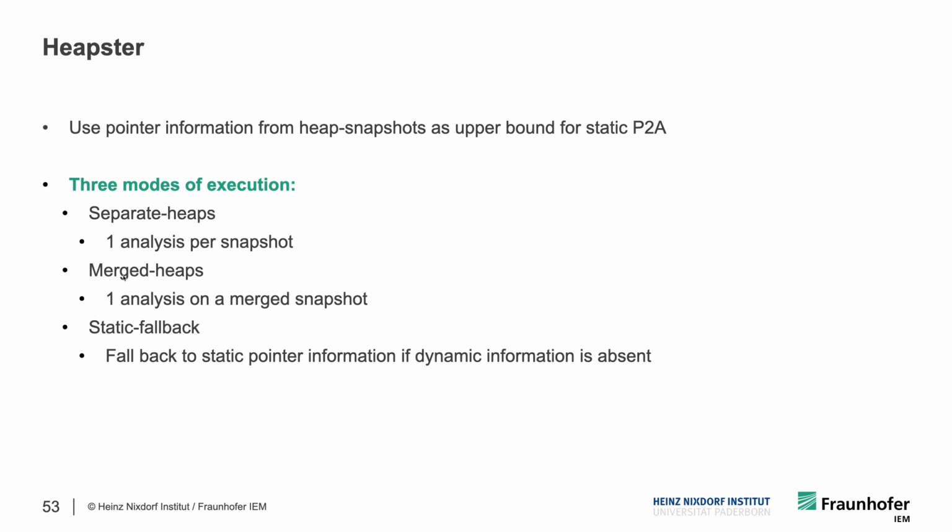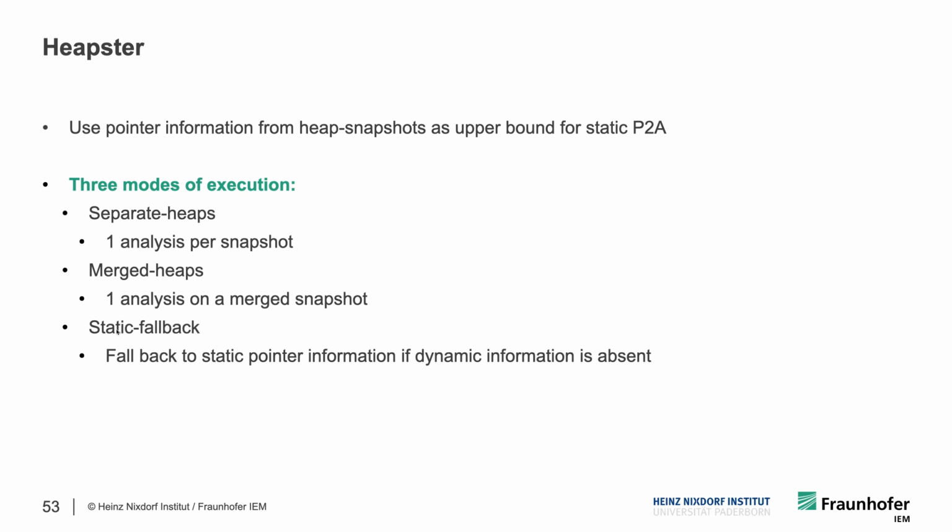But then we also had a merged heaps configuration where we had a single analysis run on a merged snapshot, so that basically merged a number of different snapshots that we had collected at different points in time over the same run of a single app. Or maybe also could be different runs actually.